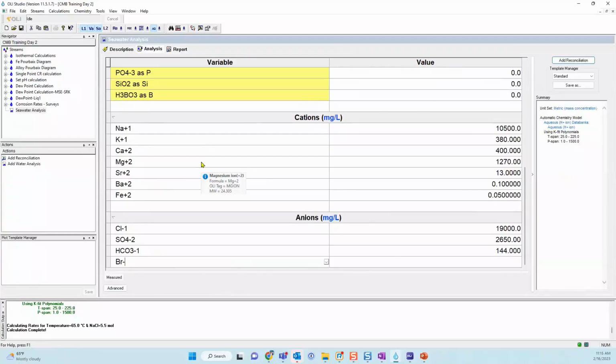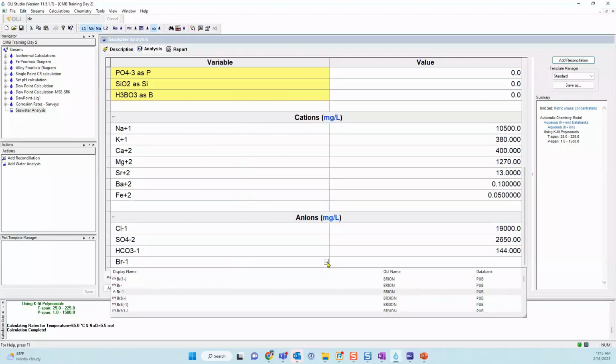So we know that the bromide only has one oxidation state, so we will put -1. If you have doubts, if you don't know how to enter this specific anion, you can always click on the drop-down arrow here, and the software will help you.